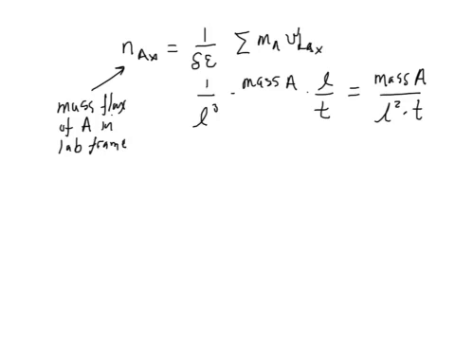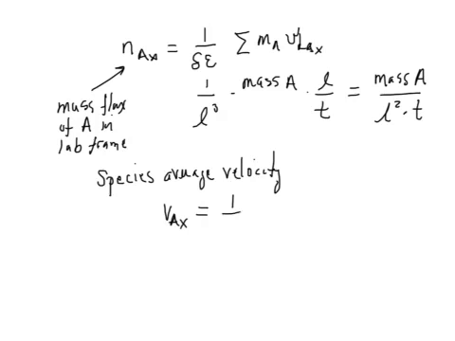Okay, so our next definition is the species average velocity of A. So that is defined as simply VAX, a number average.